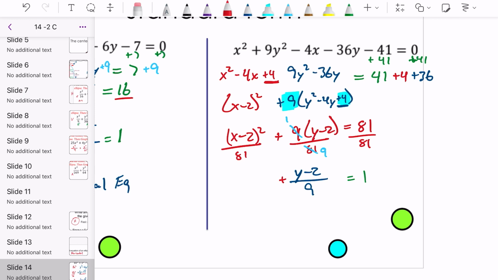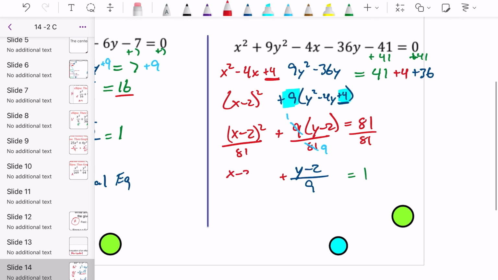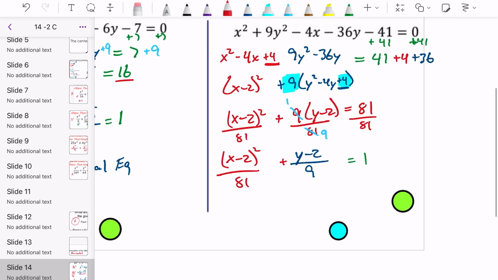And the last part would be just having x minus 2 squared over 81. Keep in mind, the fact that x has an 81 underneath it would make this a horizontal problem.